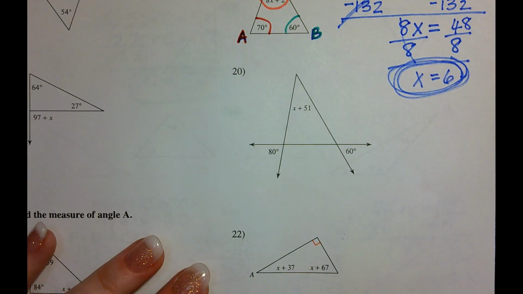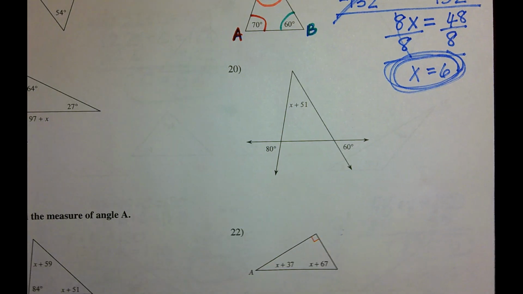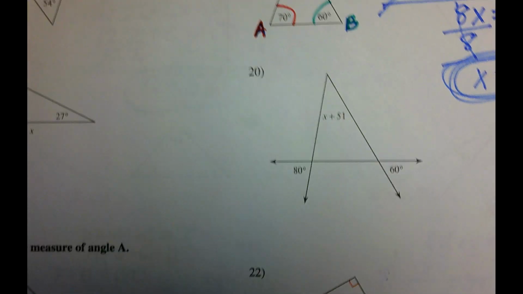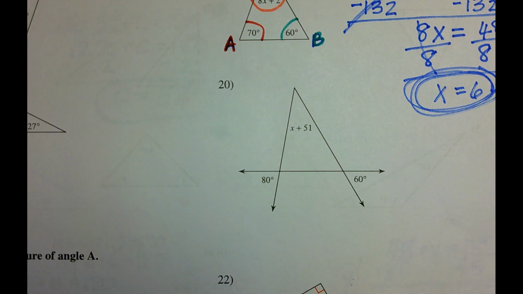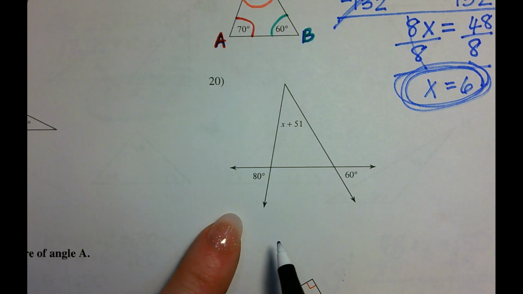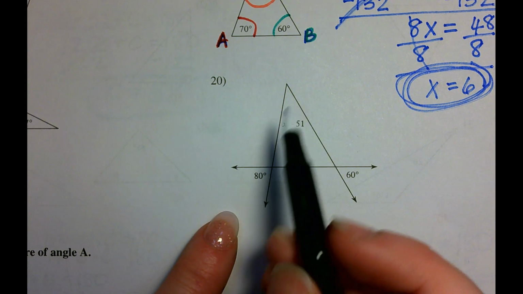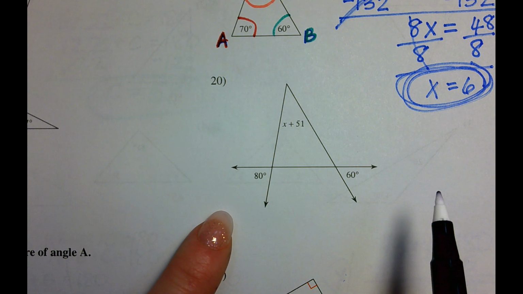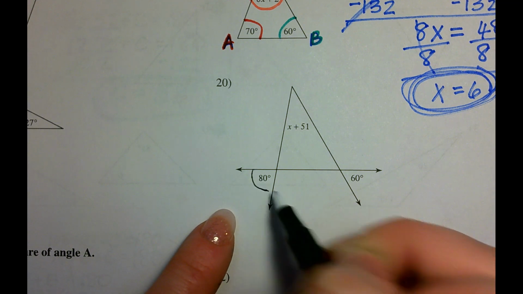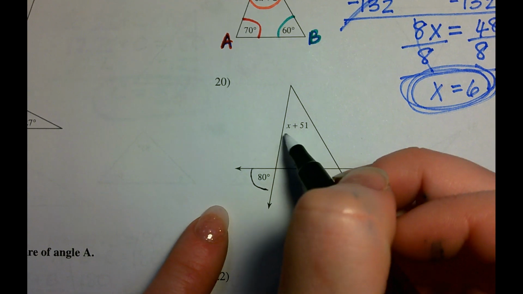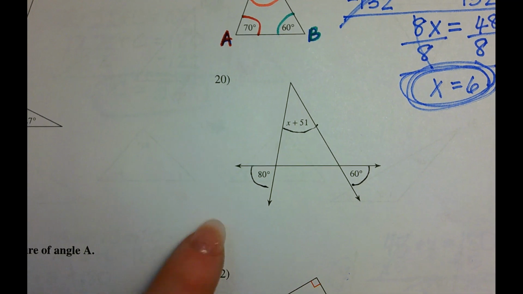Okay, so 20. This one actually is not as hard as it looks. I have a triangle here with exterior angles. I have an 80-degree angle, a 60-degree angle, and an angle that's x plus 51.